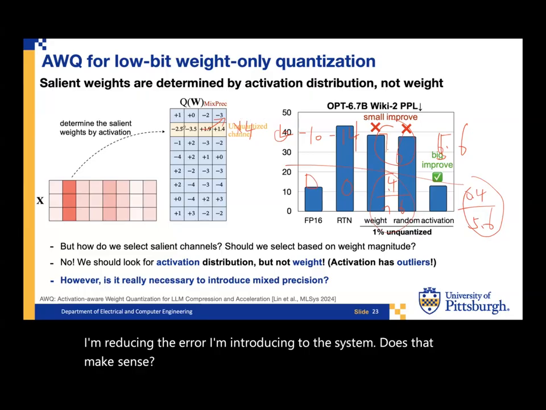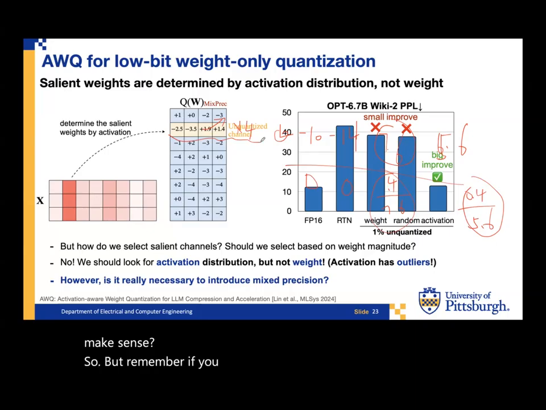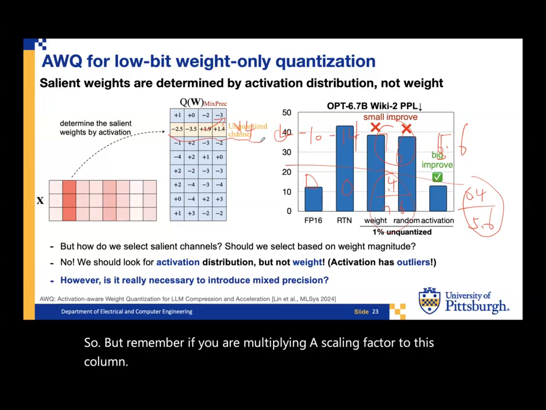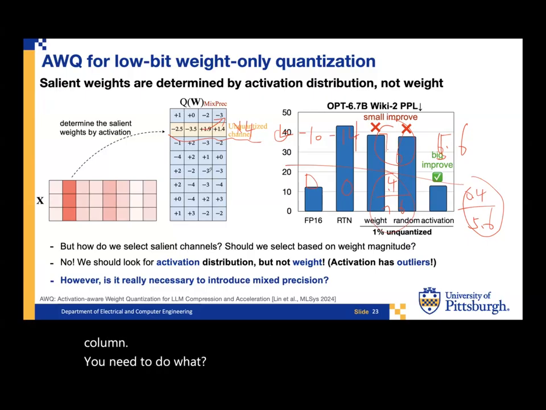But remember, if you are multiplying a scaling factor to this row, you need to do what? You need to divide by the same number for this column. You need to divide by 4 for this column.